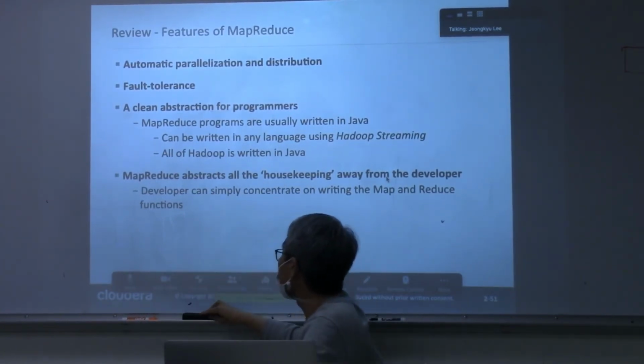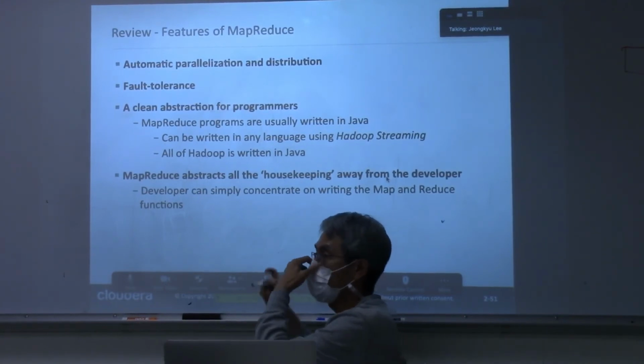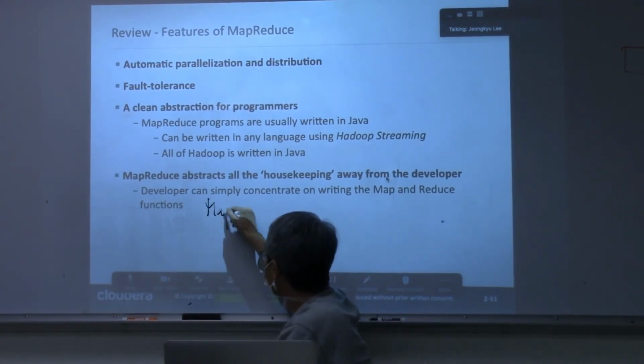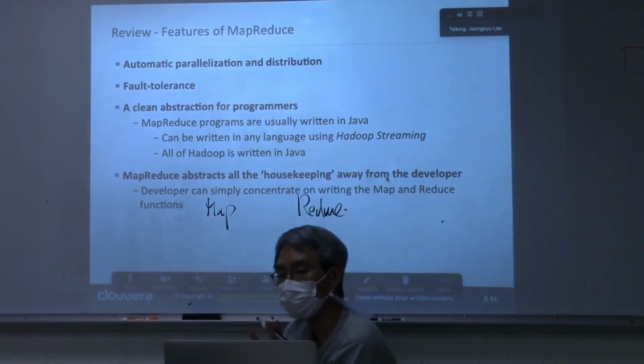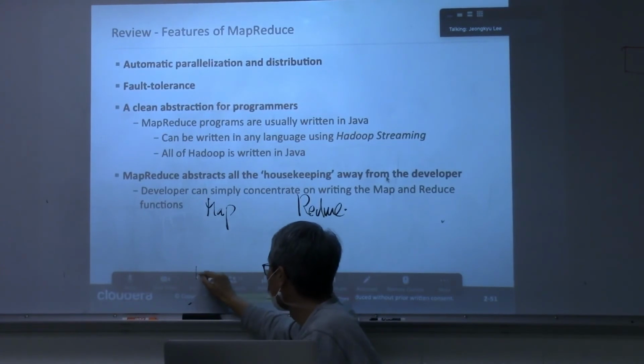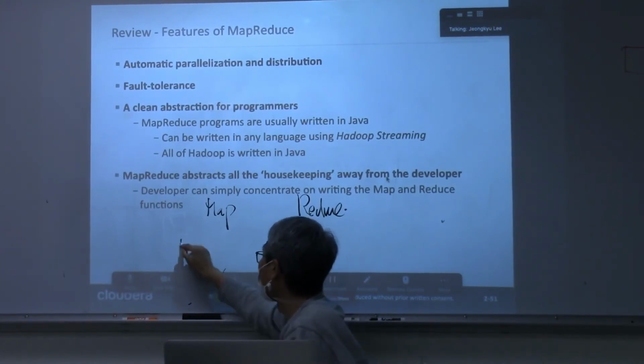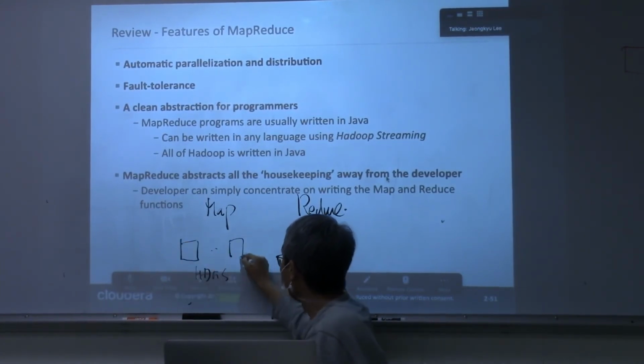MapReduce is, as the name implies, map and reduce. One of the characteristics of the HDFS is the block.